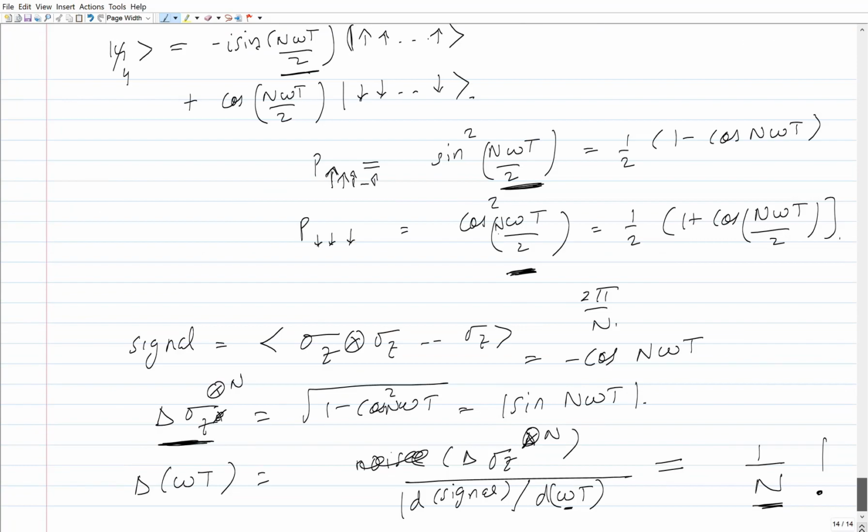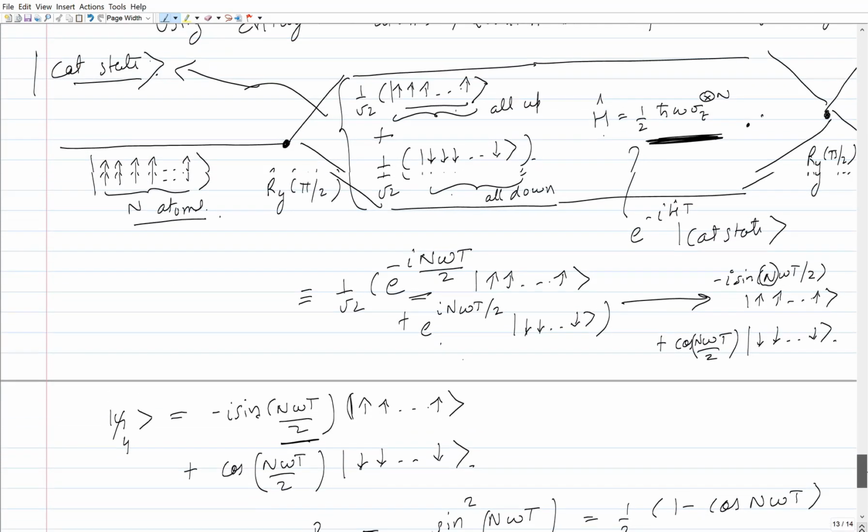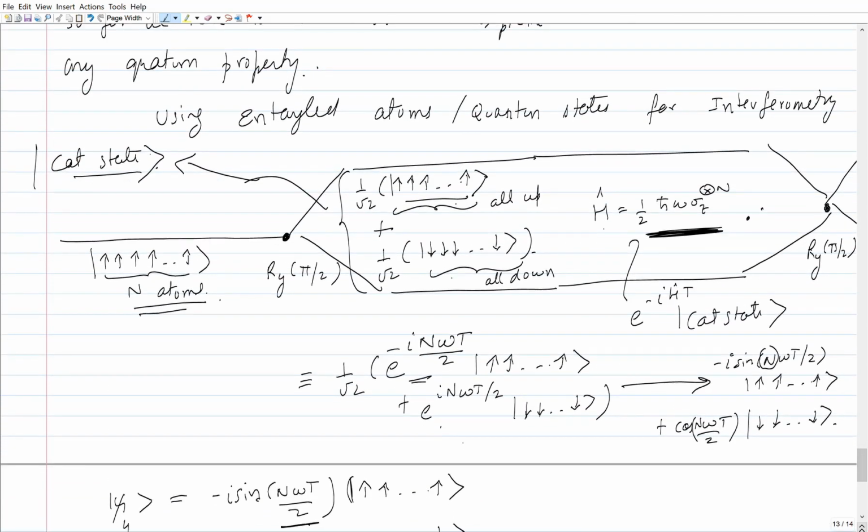Through my quantum protocol, I used those n atoms, but I was able to combine them as an entangled state, an equal superposition of all up and all down, the Schrödinger's cat state of n atoms.